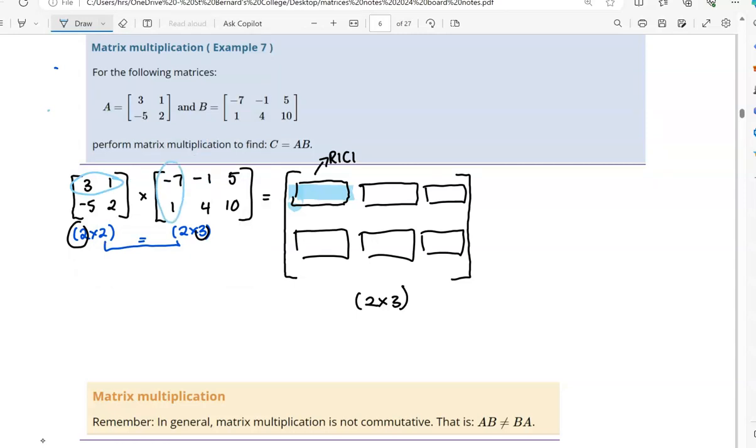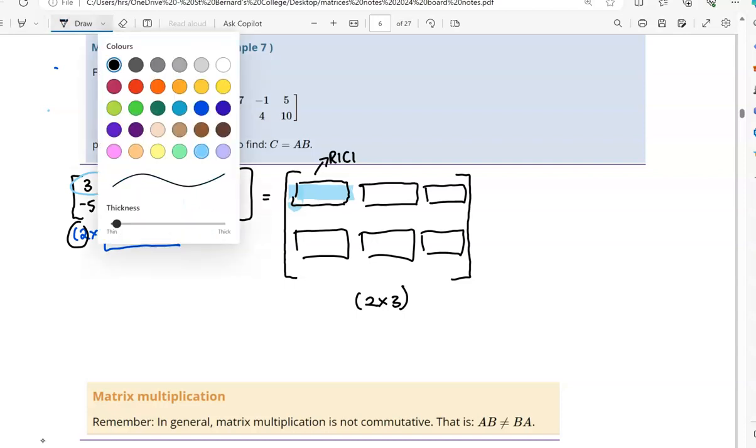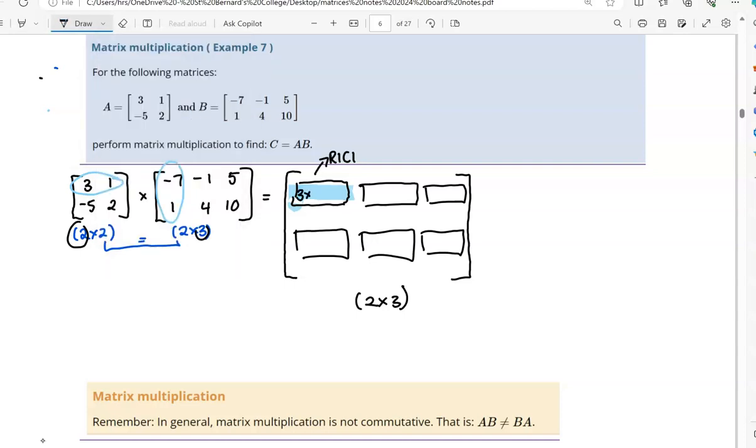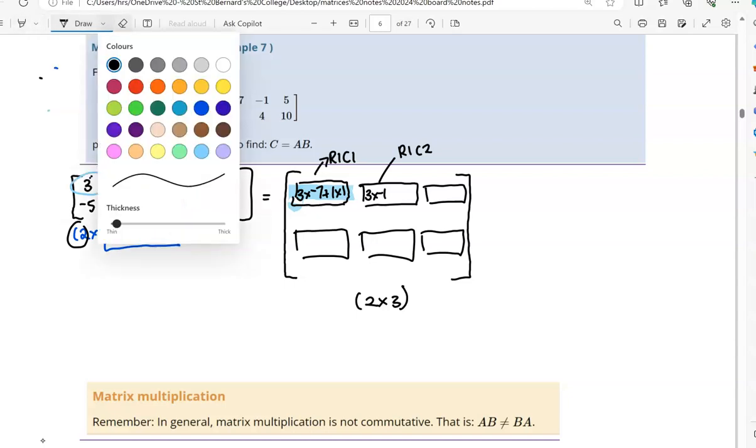The first one tells me which row, and then which column in the second matrix to use. So 3 is going to get multiplied with -7, and then you add 1 multiplied with 1. Here, I'm still in row 1, but column 2. So I'm going to go 3 by the -1 in the second column. I'll change the color for you so you can see.